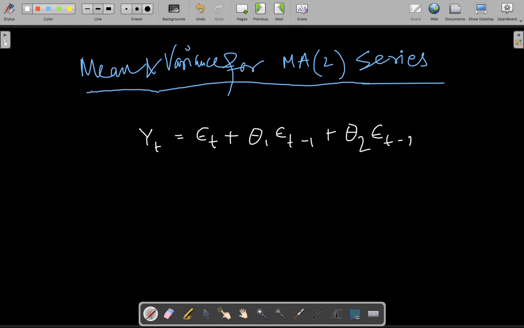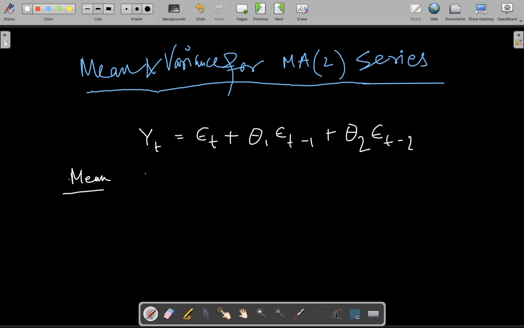Let us first deal with the mean. When we are dealing with the mean, we take expectation on both the sides. And we remember that like in the AR2 process, here also we'll simply use the mean by assuming that the MA2 series is already stationary.